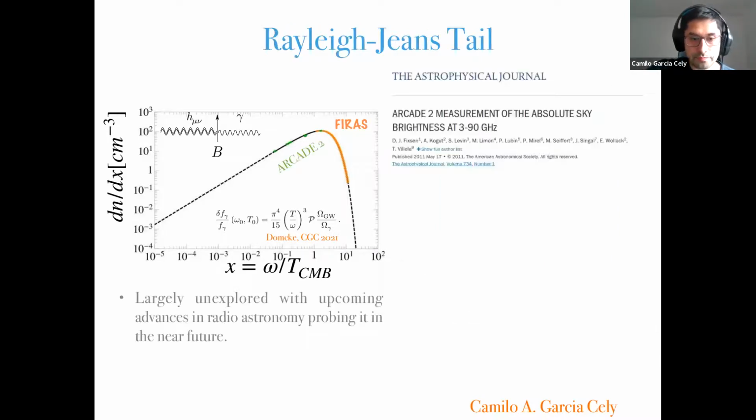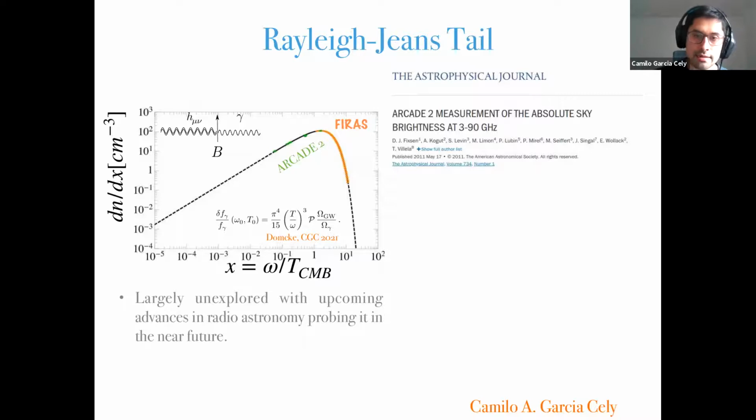So the thing is that, and by the way, this formula applies only in the Rayleigh-Jeans tail, which is the most important and the most interesting frequency range for these studies, because it is in this range where we can eventually, in the long-term future, beat this inflationary constraint that has been discussed for a long time during the workshop.